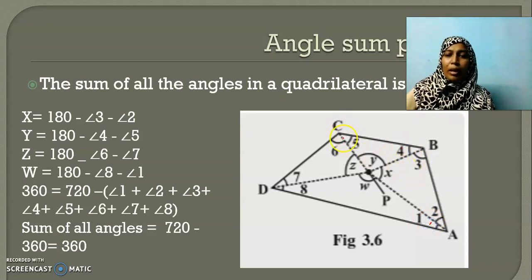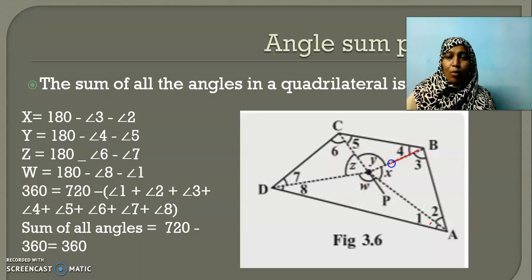These are all the numbers I gave for the angles and it doesn't mean that the measure is 6, measure is 7. Hope you will not misunderstand like that. And the angles at the vertex P are named X, Y, Z and W. Now I am going to find what is X.